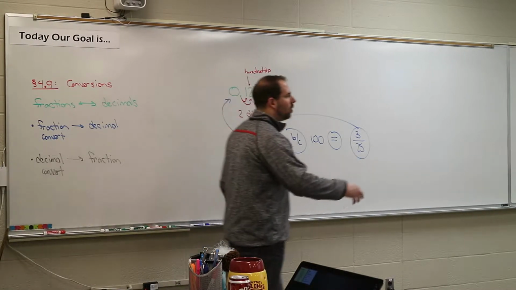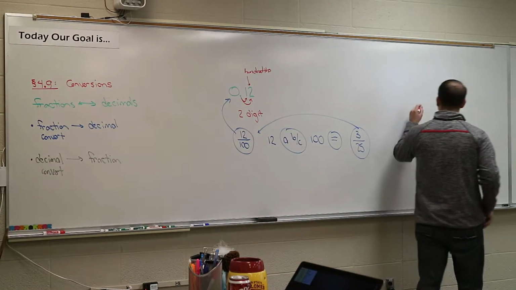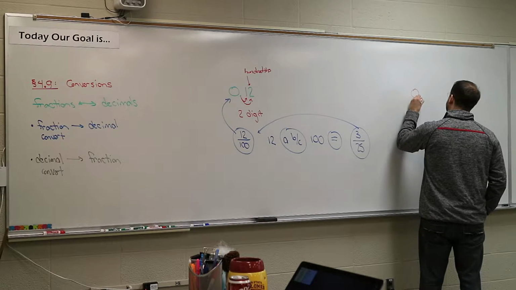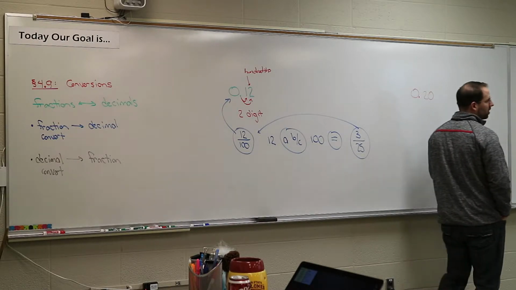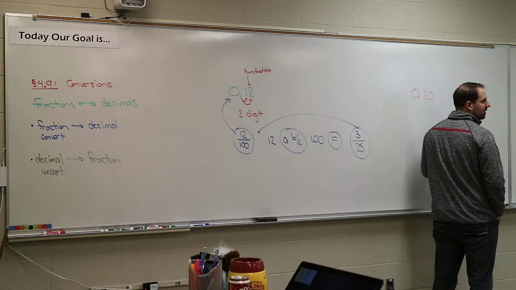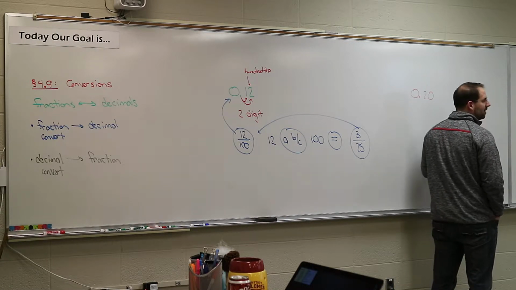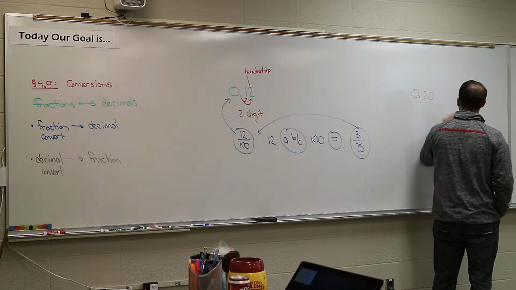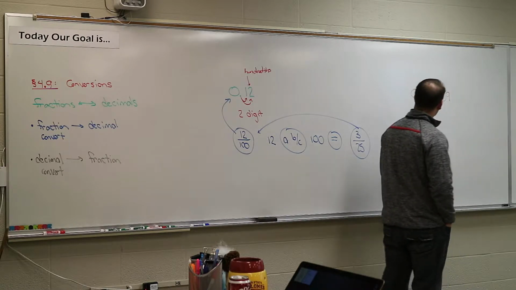Now, let's do another one. I want a 5-digit number now. 5 digits. 20. Keep going. 3 more numbers. Whatever you can think of. 30, and I'll make the last number 9. Okay, so there's my number.